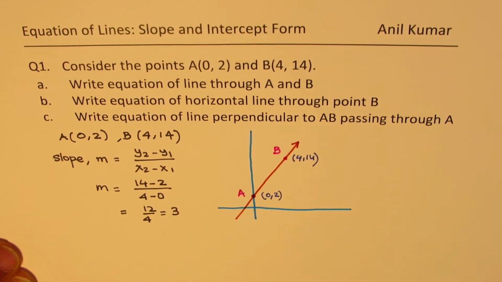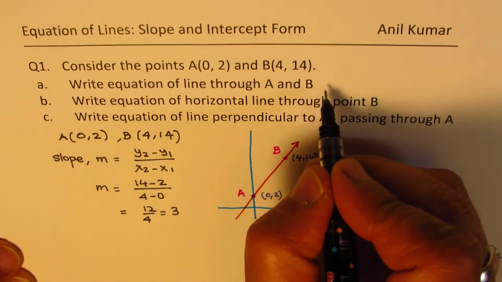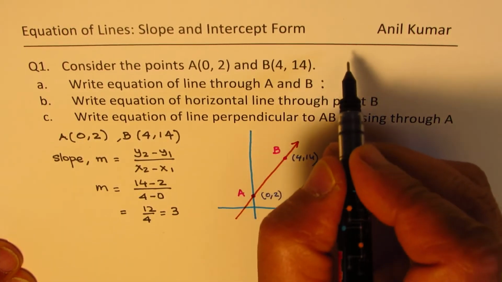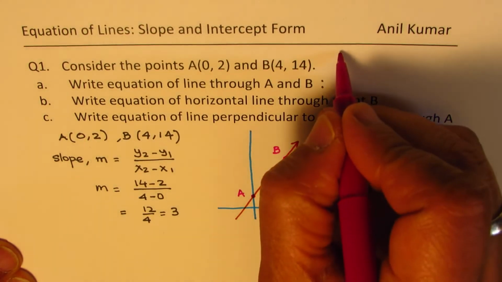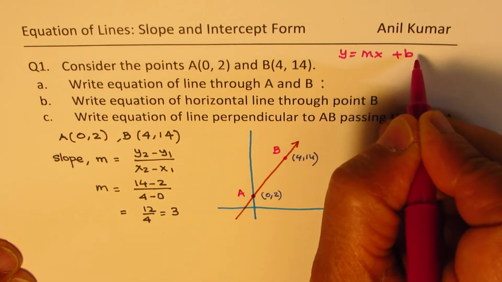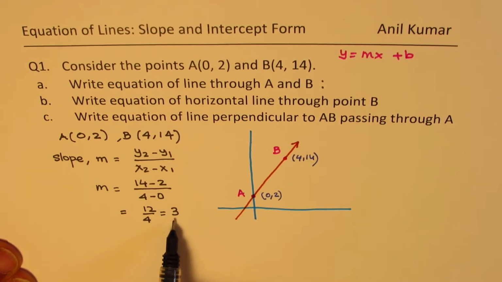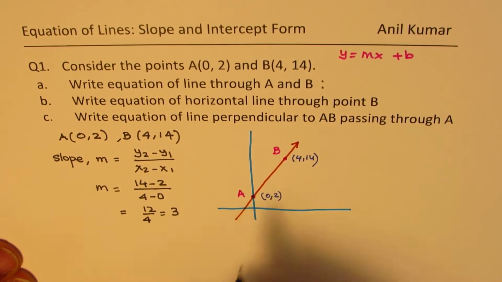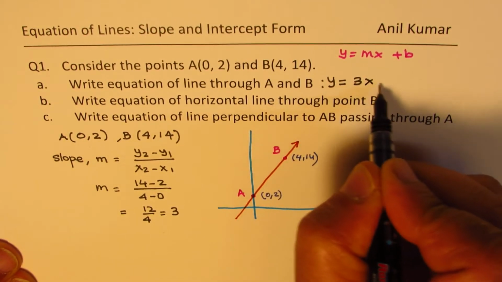Therefore, we can write the equation of the line through AB as follows. When we say slope-intercept form, we are looking for an equation in the form y equals mx plus b. Since we know the slope is 3 and the y-intercept is 2, the equation is y equals 3x plus 2.